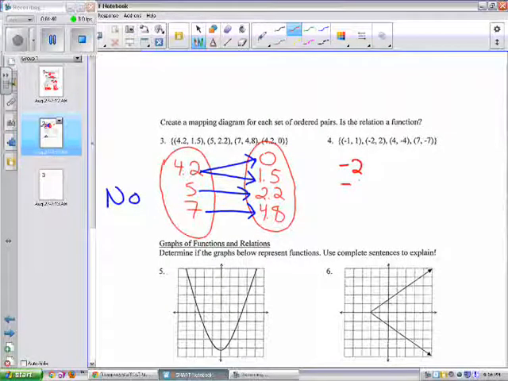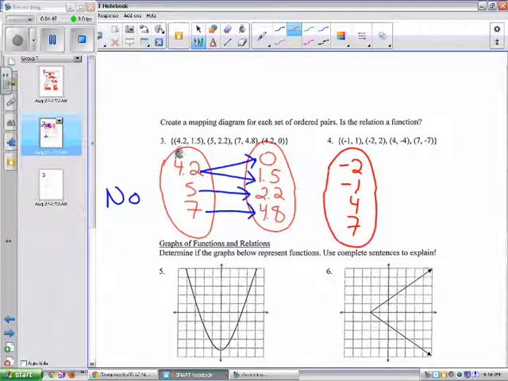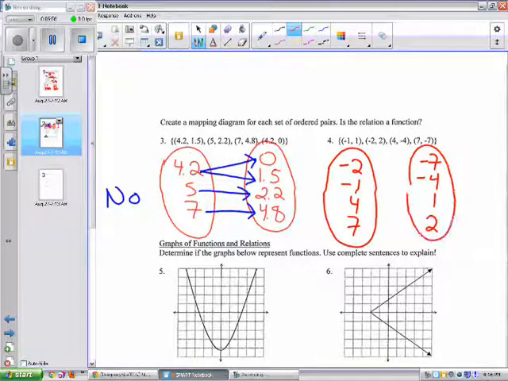So if we look at number 4, we list out our domain, and again we're doing it in numerical order, not necessarily the same way that it's listed with our set of ordered pairs. Now we write out our range. Again, it's in numerical order, so we start with the -7 and work our way up.